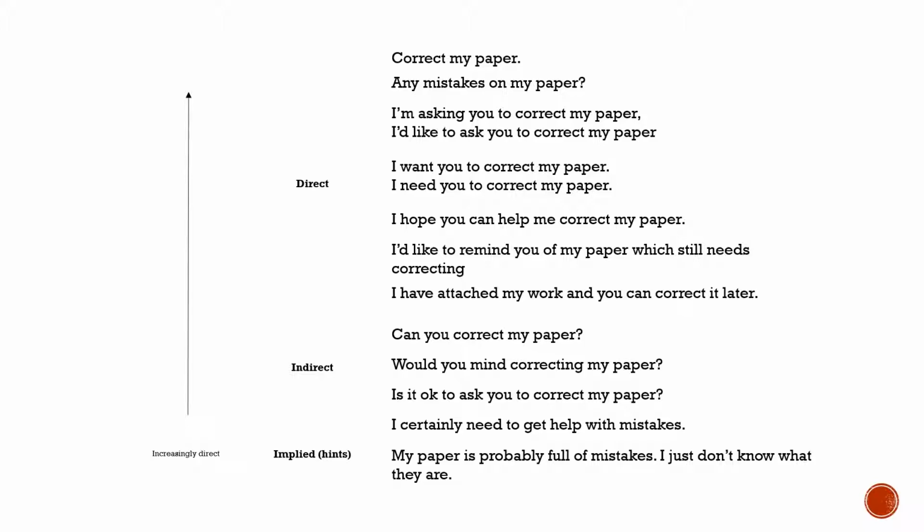Being more indirect is considered more polite. It's possible to be very, very indirect by implying what you mean. "I certainly need help" is a way of asking for help, I suppose, but it's extremely indirect.